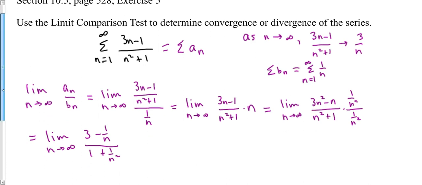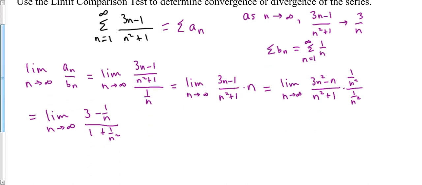And when I substitute infinity in for n, 1 over n and 1 over n squared are both going to become 0, and I'm going to end up with 3. And that is going to be my c value from the limit comparison test, my constant between 0 and infinity.